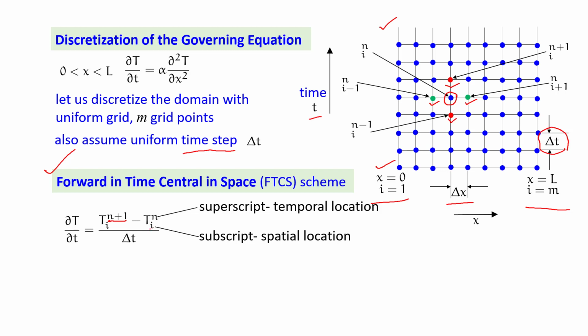Usually in CFD literature, you will mostly find that the space direction is given by i, j, k, etc. indices we use. And in time we use n is very common in time. So del T del t is the difference between T i n plus 1 minus T i n, and n is given by the old time step and n plus 1 is the new time level.